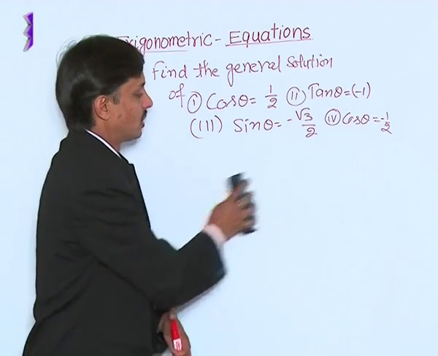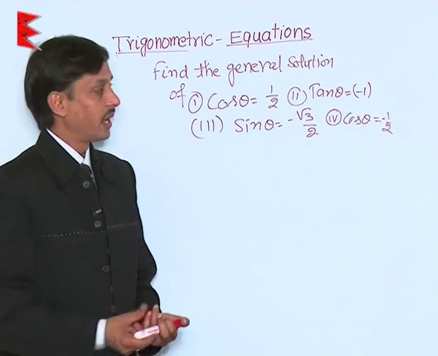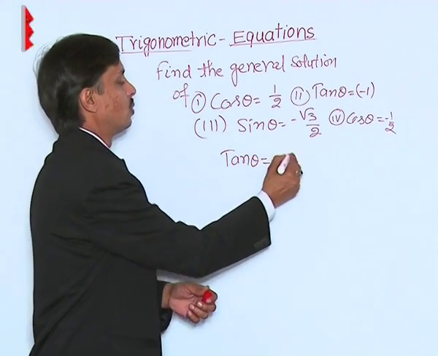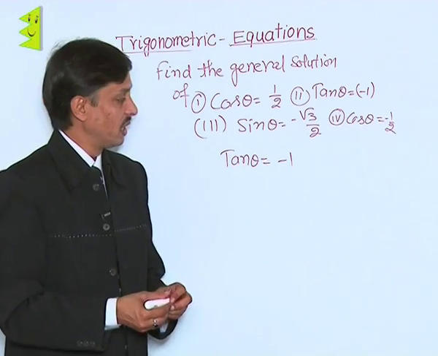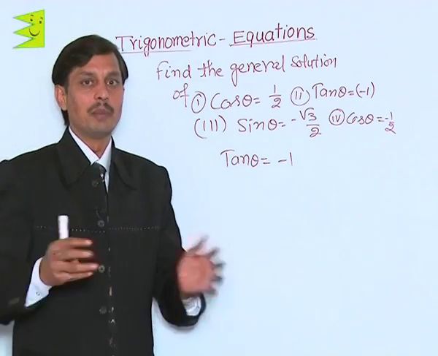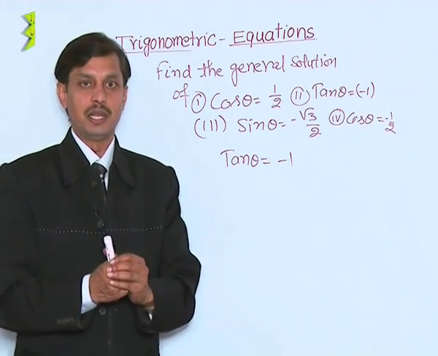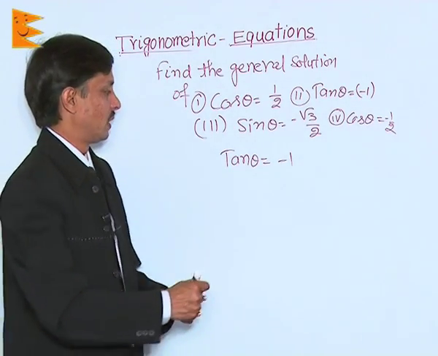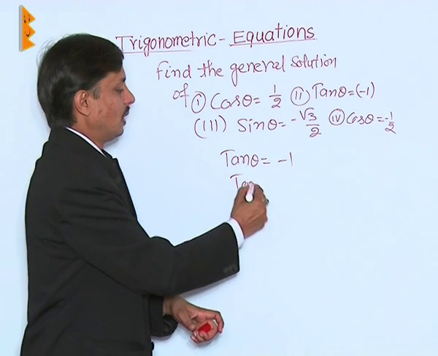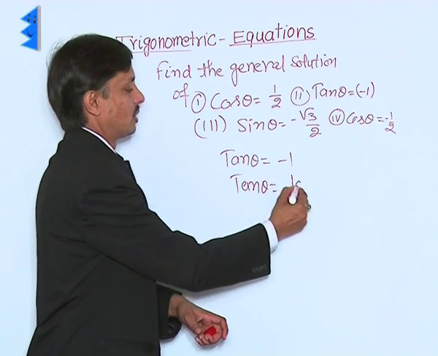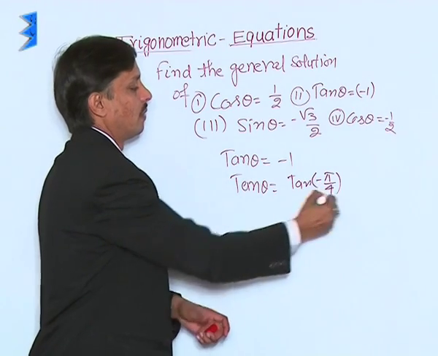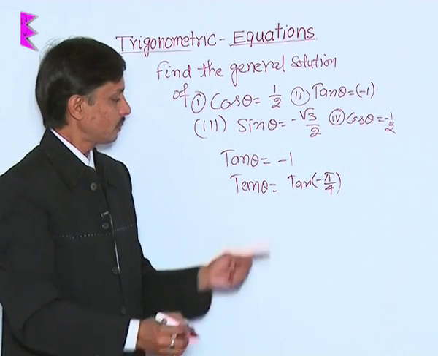If I talk about the second one, it is tan theta is equal to minus 1. The question is what values lying between minus 90 and plus 90 give tan theta as minus 1, which is very simple. Tan theta can be written as tan of minus 45 degrees, that is minus pi by 4.